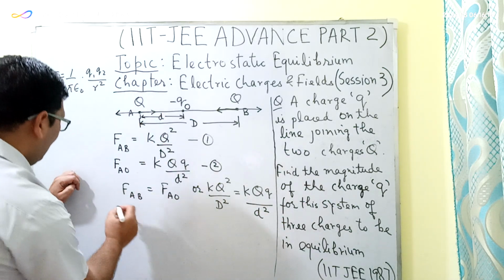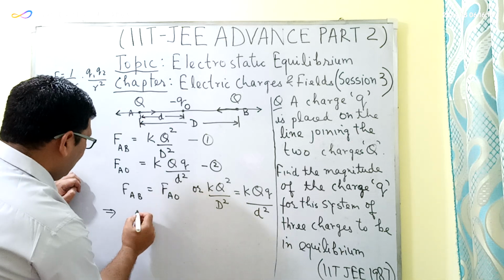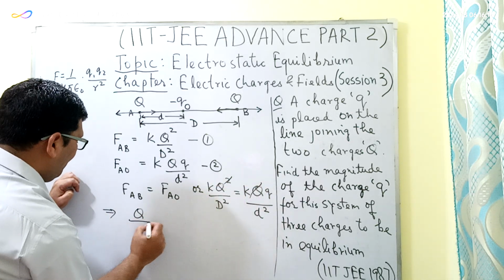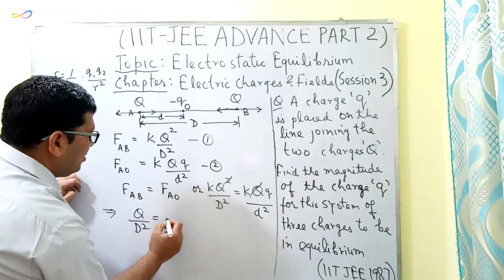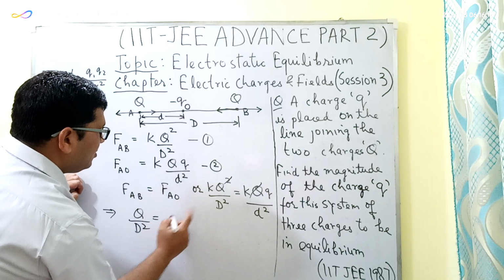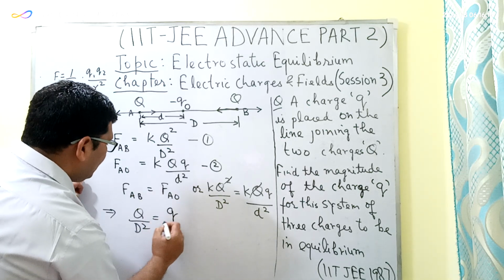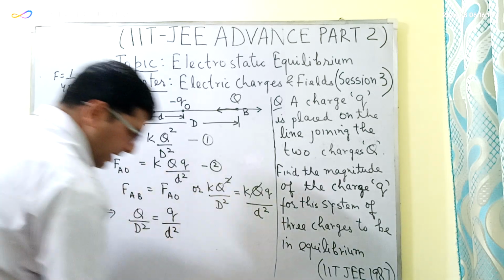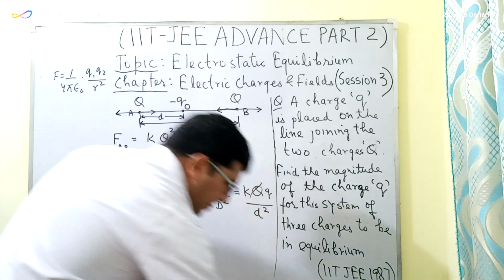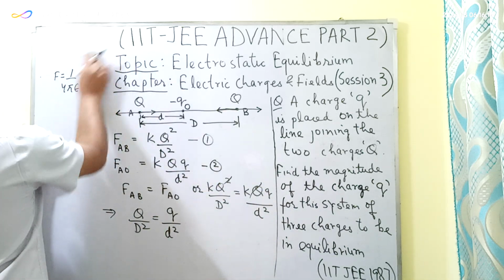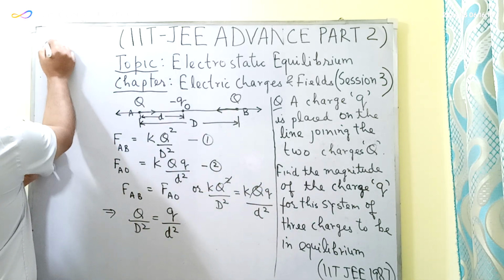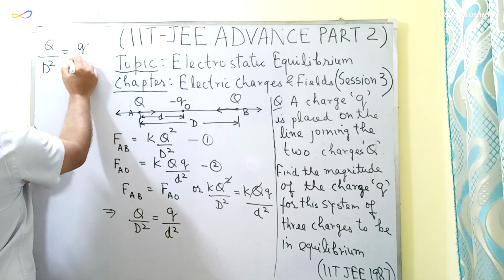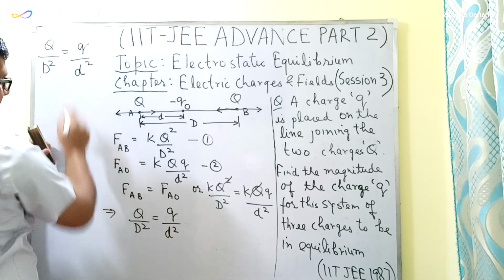So from here I am getting one relation: Q will get cancelled out, that is Q upon D square will be equal to small q upon small d square. So this is the first relation, and I will be writing this relation here, that is Q upon D square is equal to small q upon small d square.